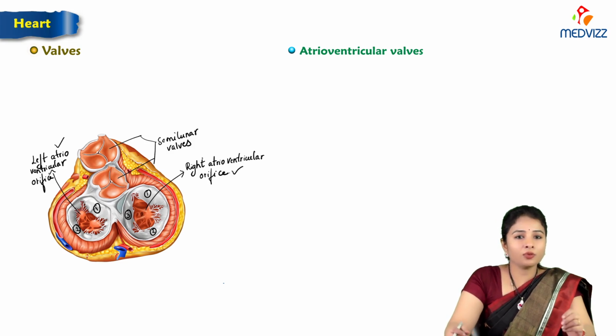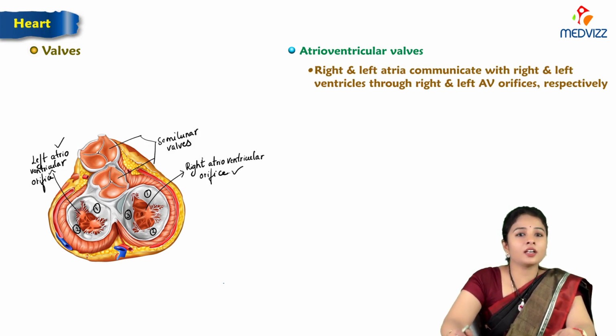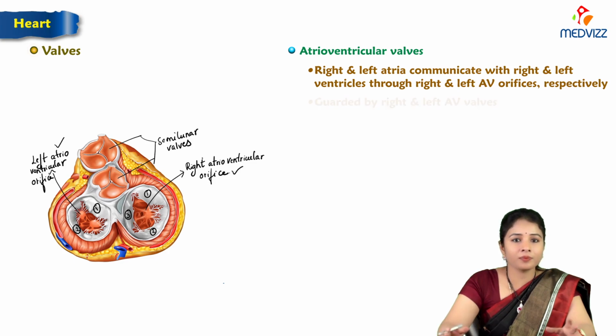So let's start with the atrioventricular valves. The right and left atria communicate with the right and the left ventricles through right and left atrioventricular orifices. These orifices are guarded by atrioventricular valves, which are respectively right and left.